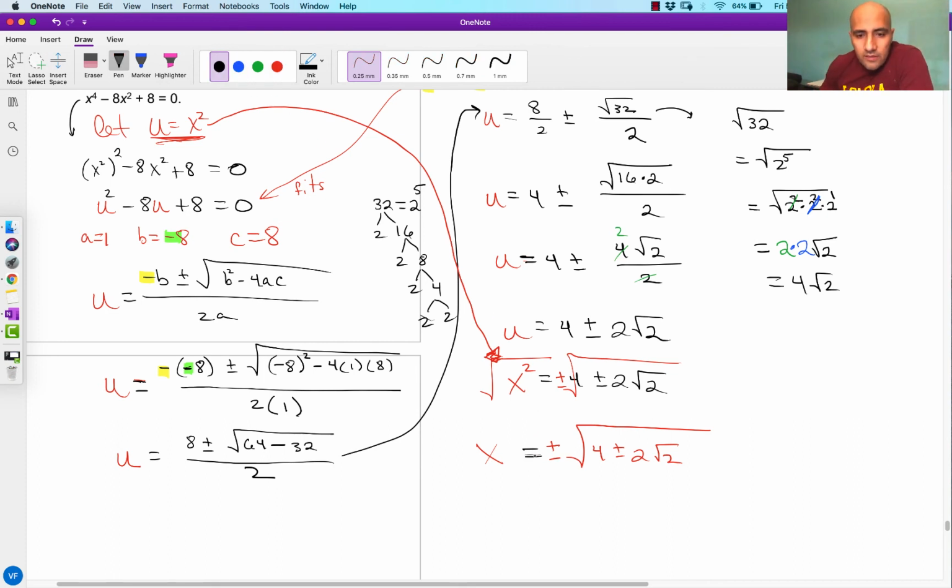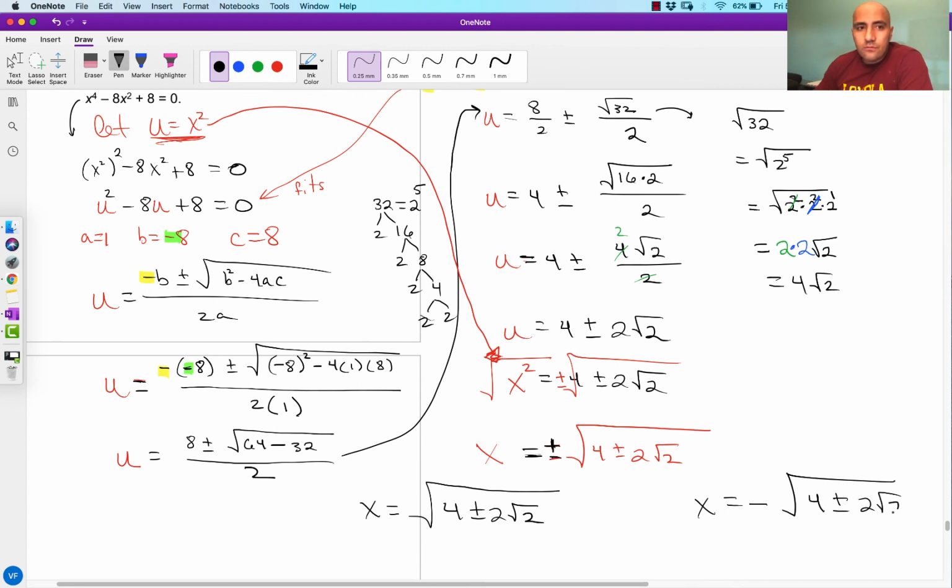So first of all, the outer layer of plus or minus leads to 2 possible answers. So I get x equals the square root of 4 plus or minus 2 root 2. That's one route. The other route is that x equals negative the square root of 4 plus or minus 2 root 2. And then each one of these leads to 2 possible answers.